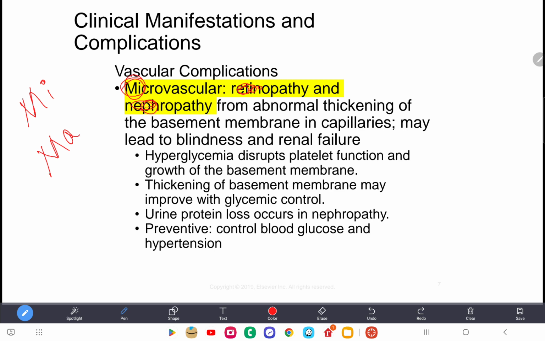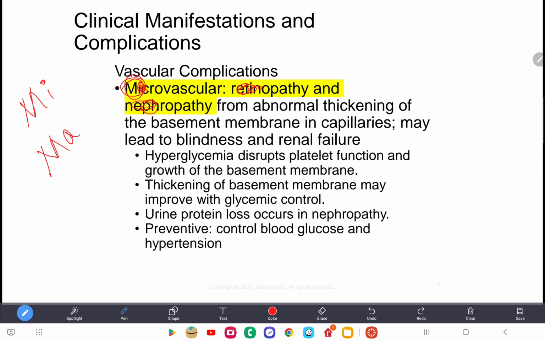So retinopathy, nephropathy, and neuropathy, okay? They affect the eyes, the kidney, and the nerve. But if you have a good control of the glucose level, you decrease the risk and the complication from microvascular.